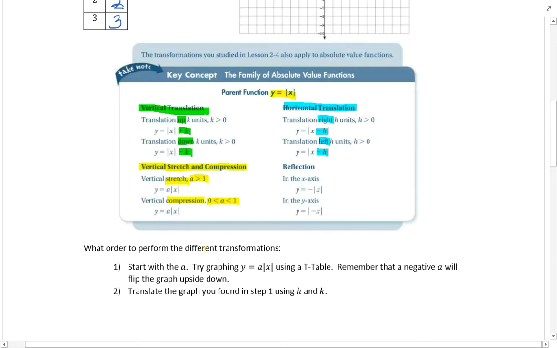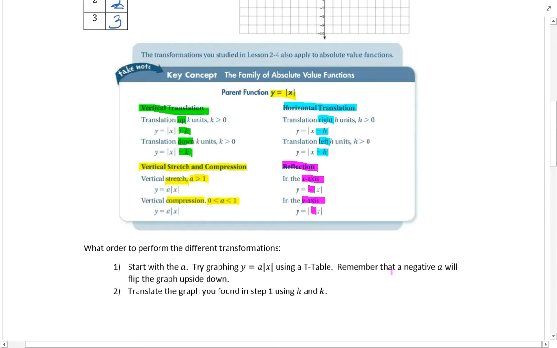But when we're talking about a, we're not talking about the negative. The negative will flip it upside down. So that's where we get a reflection. If we put a negative on the outside, it's going to flip it over the x-axis. And if we put a negative on the inside where x is, that's going to flip it over the y-axis.